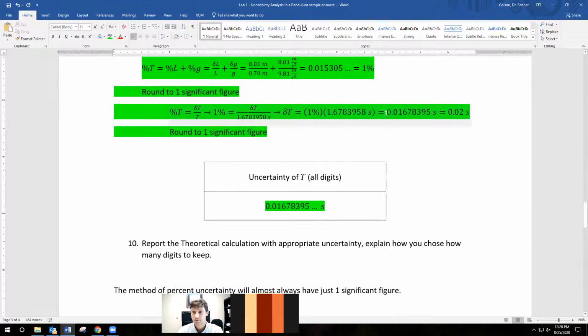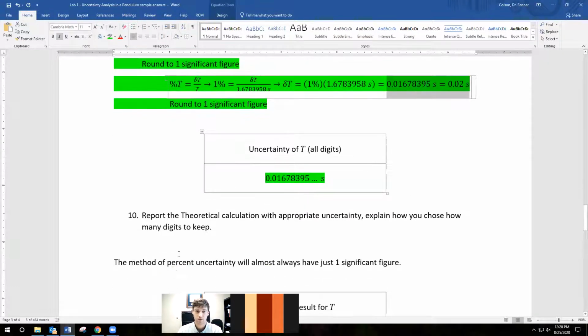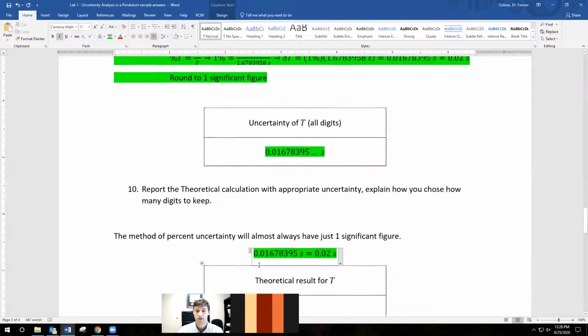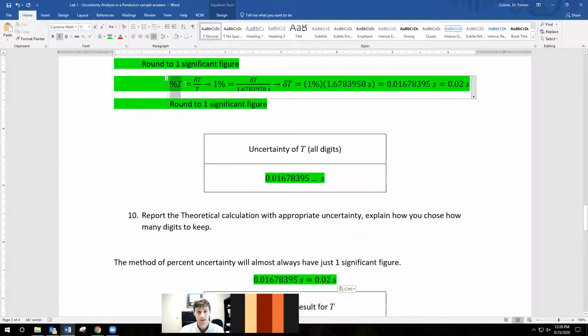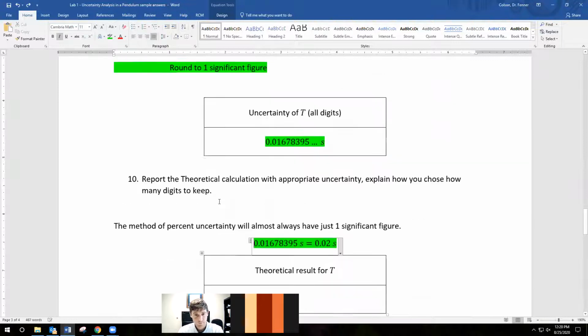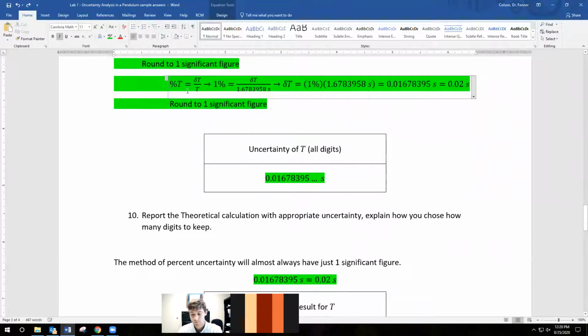Because of that, that's why we'll round the whole number of 0.0617, etc., down to just a single significant figure. So that would round to 0.02.